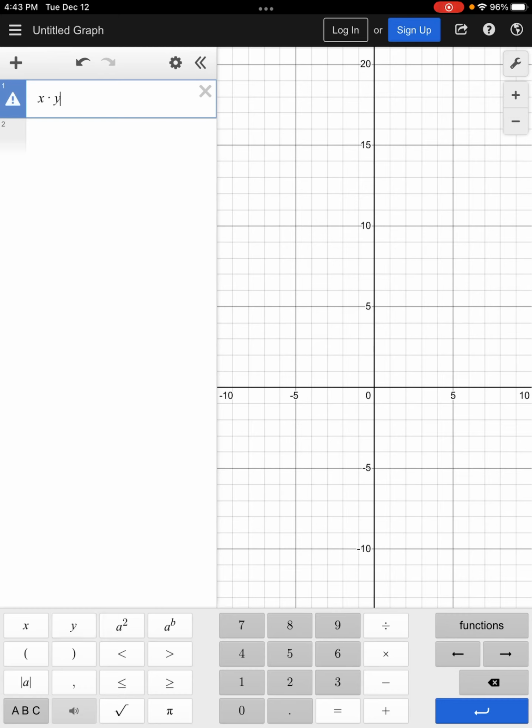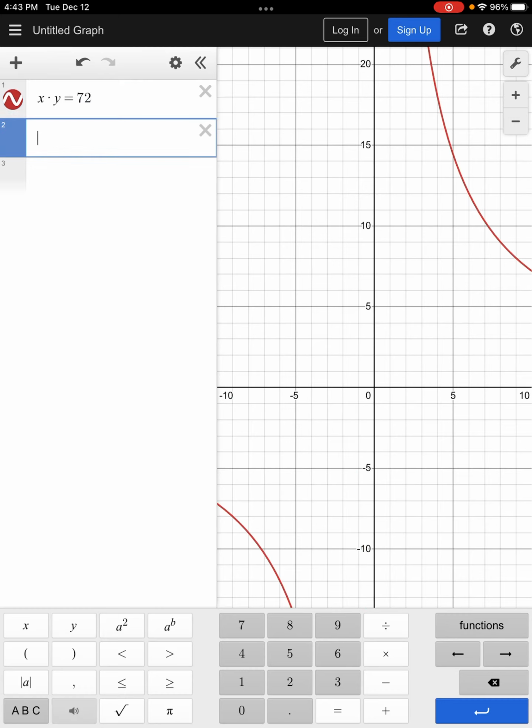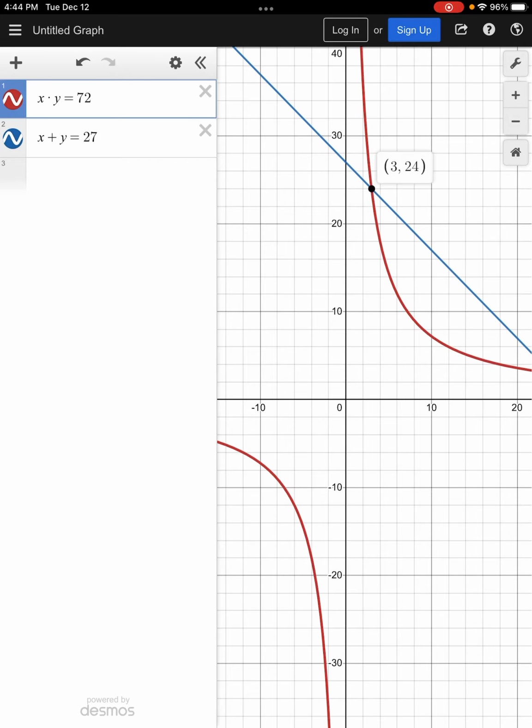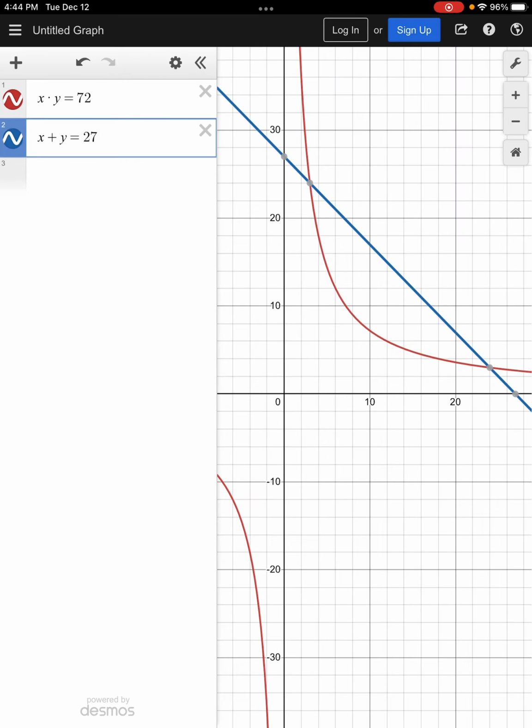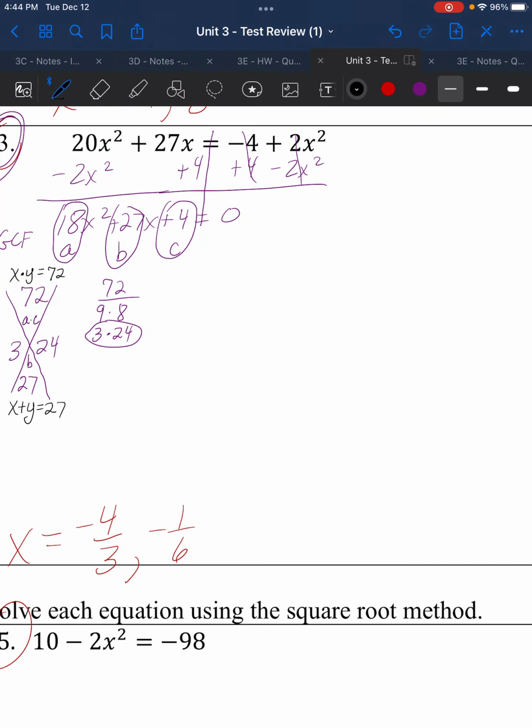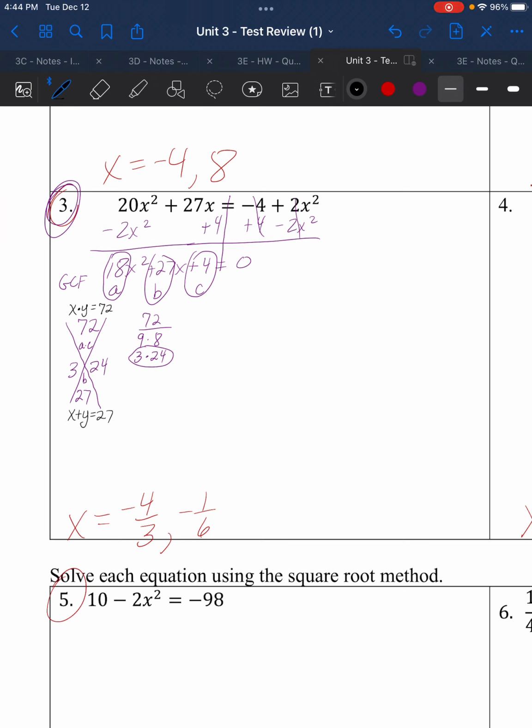So x times y equals 72, and then x plus y equals 27. What I'm looking for is where they intersect. So 3 and 24, or here, 24 and 3. There's your points. You're more than welcome to do that. Now, from there, we have to use the Punnett square.